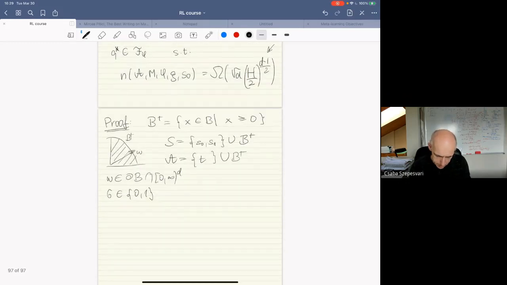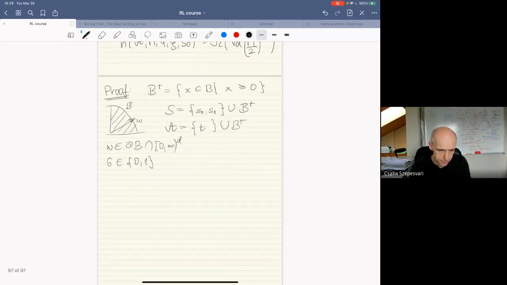And maybe it's best if I draw a figure for it. So the way it looks is that you're at S naught. That's really special, because from S naught you can choose to terminate. So here you have this action T available to you, and then you go to S1. And if you're at S1, then you stay at S1. You receive a reward of 0 by doing that.